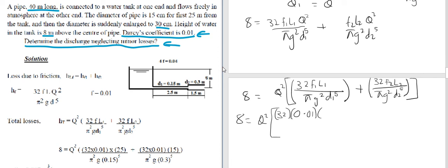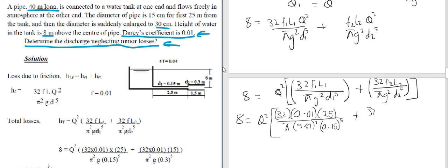Then L1 is 25 meters over pi times G, 9.81 square, times D1, which is 0.15 raised to power 5.